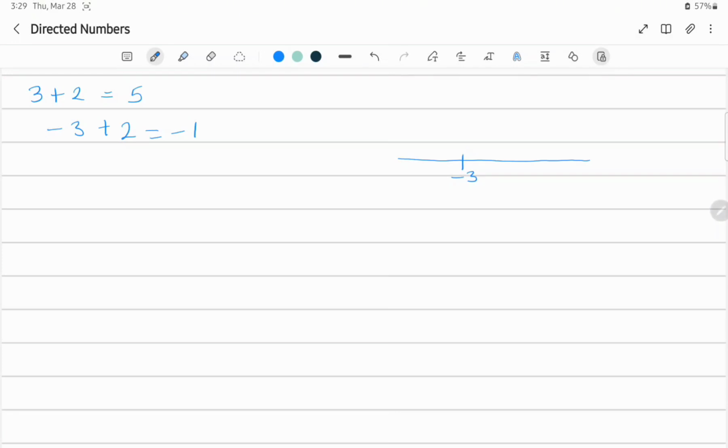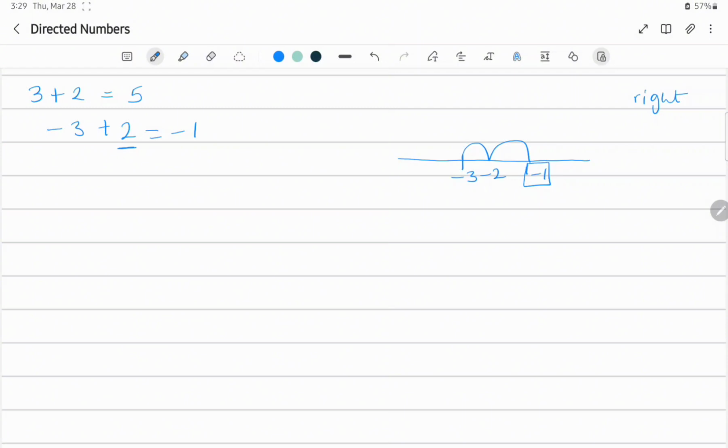So addition means we are moving to the right. And the number of times we will move is the number that comes after the addition sign. In this case, 2. So let me move twice to my right. 1, 2. Whatever my answer will be here. So moving right on a number line, I'll have -2 and -1.